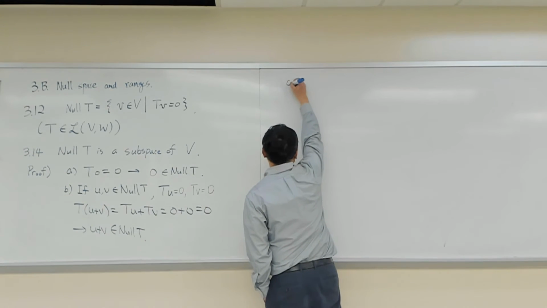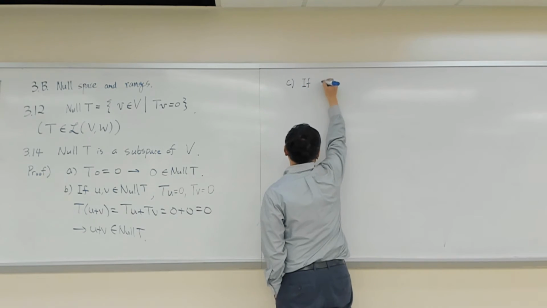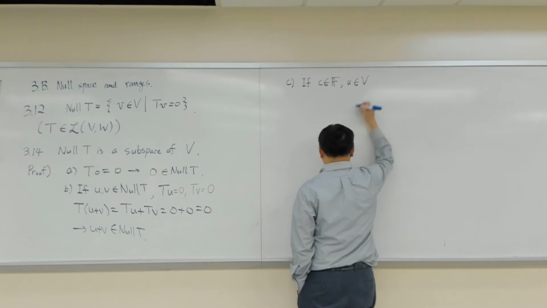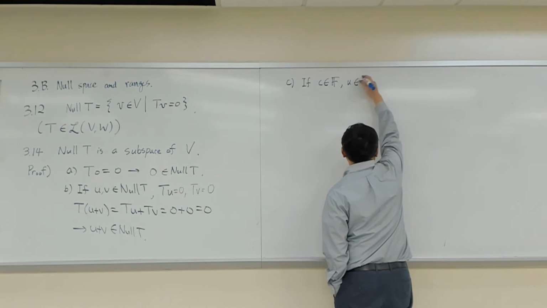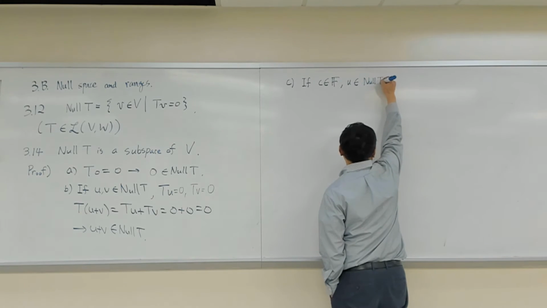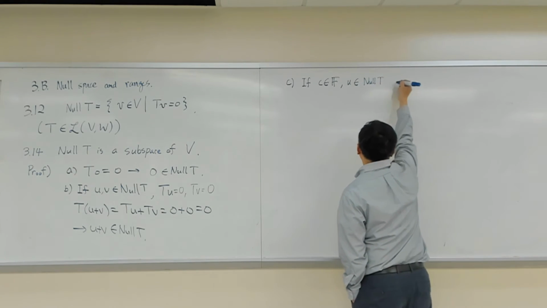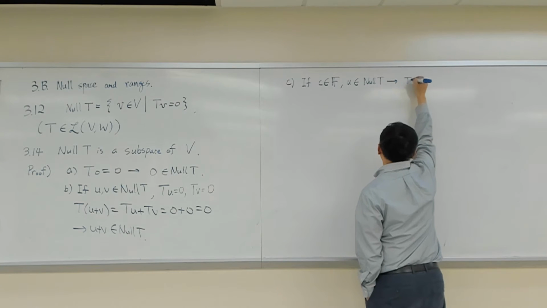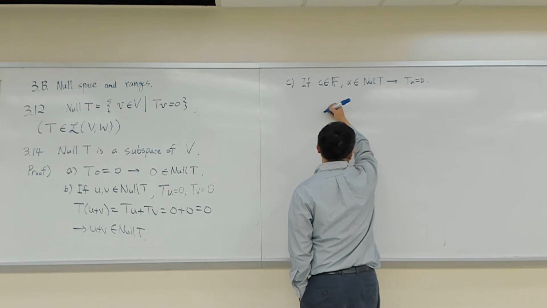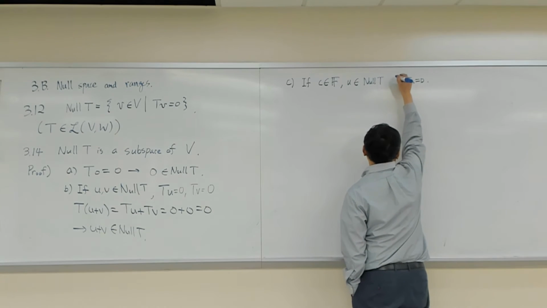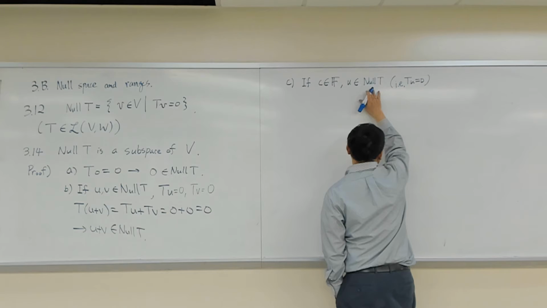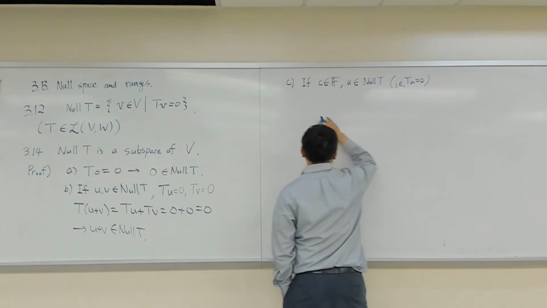Then part C, if C is in the base field, right, and U is in the vector space null of T, then T of U is 0. I.e., U being in null T, that means TU is 0, that's what it means.